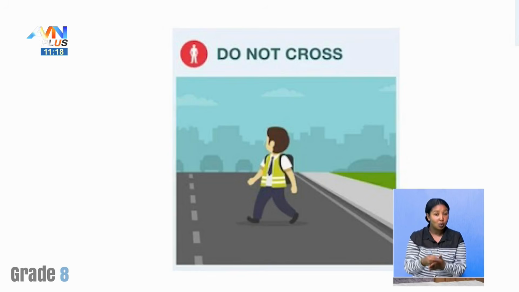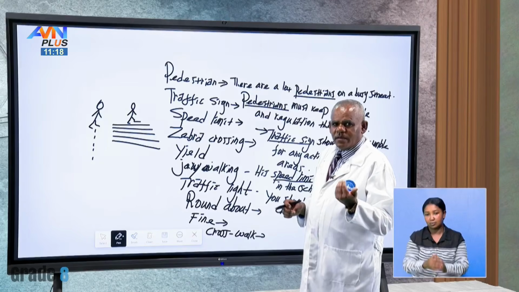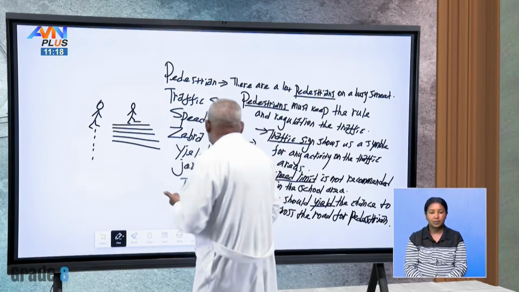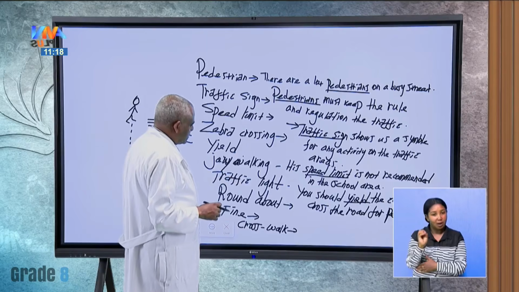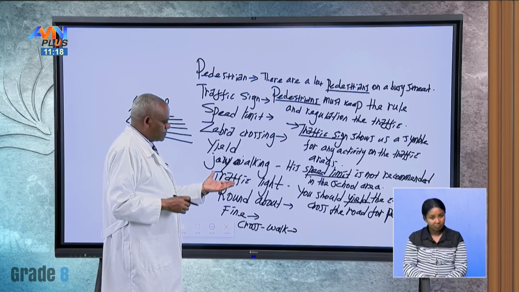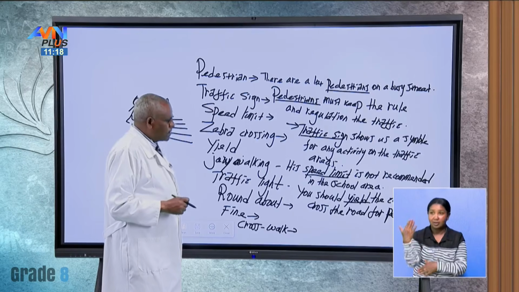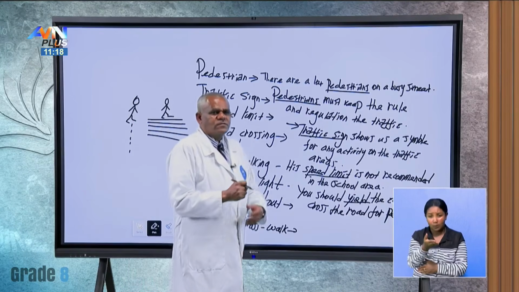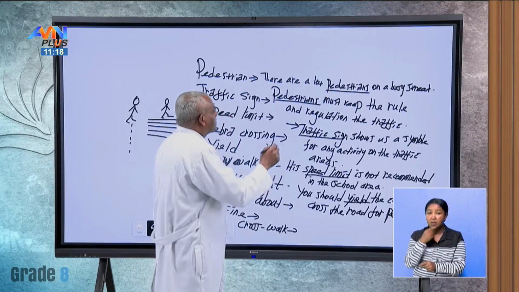So jaywalking is a kind of walking, someone crossing without keeping any traffic rules. So the traffic lights are, of course, common in every part of the city, any part of the country. So how many of you know about the red light and the green light?